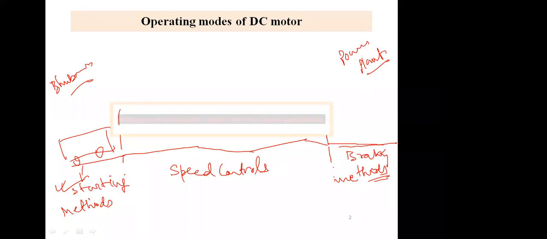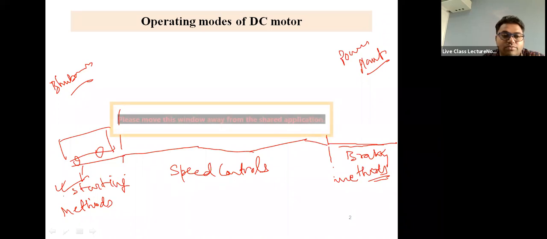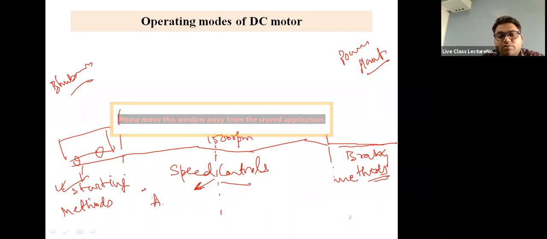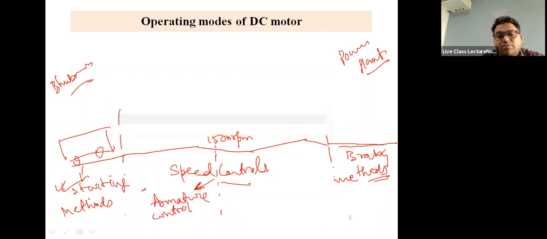So first of all, we will learn the starting method. What was the starting method? Like a 3-point starter for a DC motor. And then for speed control, we have two styles. Say for a rated speed of 1500 RPM, if we want speed control below that, we'll go for armature voltage control.